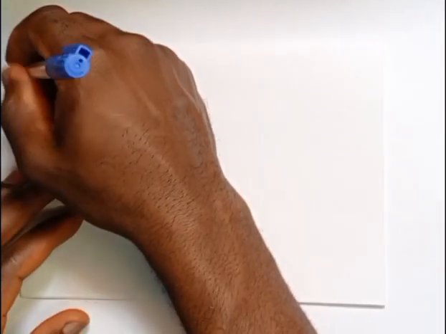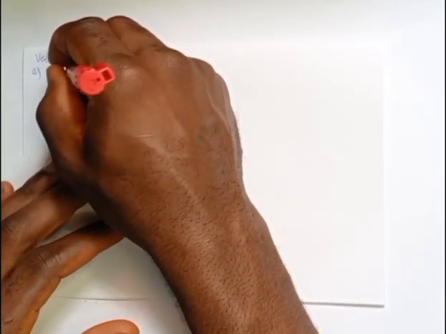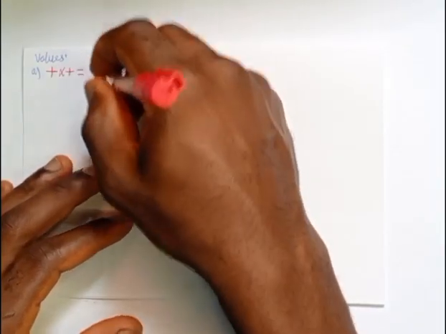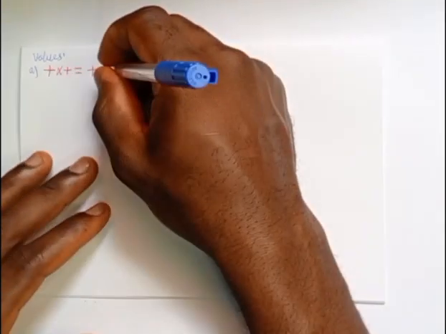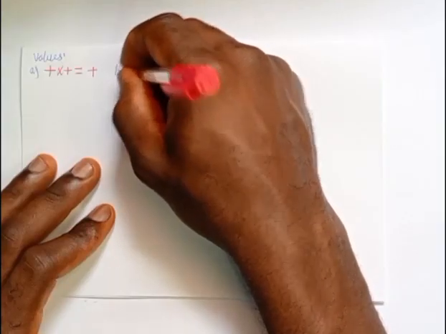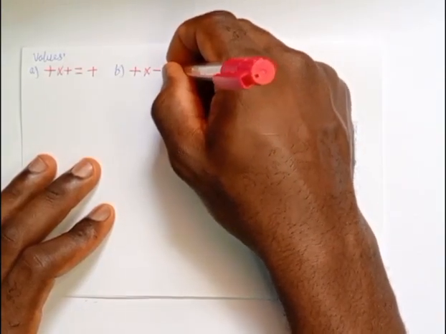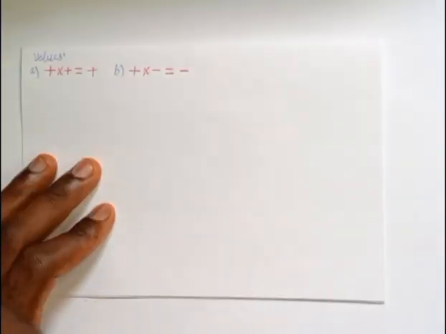Let's write down the sign rule. For the sign rule, we have the first one for A. The product of two positive numbers, positive times positive, is equal to positive. For B, take positive times negative, it is equal to negative.